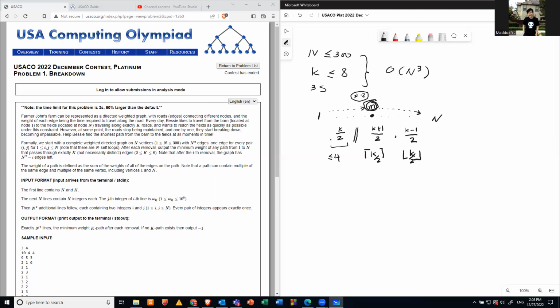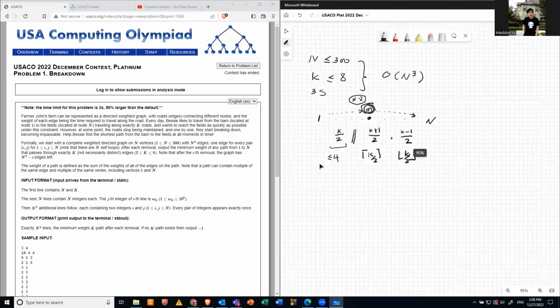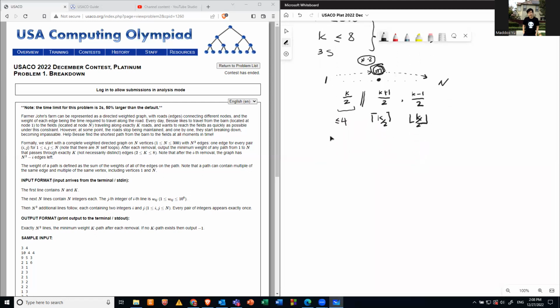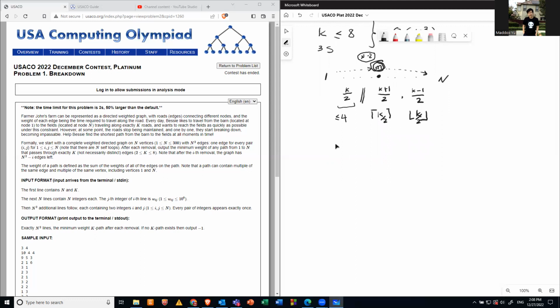So the problem becomes, how do I find the shortest distance from 1 to m with k less than or equal to 4, or the shortest distance from m to n with k less than or equal to 4. And those are the same problem. So let's just try to solve one of them, say from 1 to m. If I can solve from 1 to m, the same way I can solve from m to n.